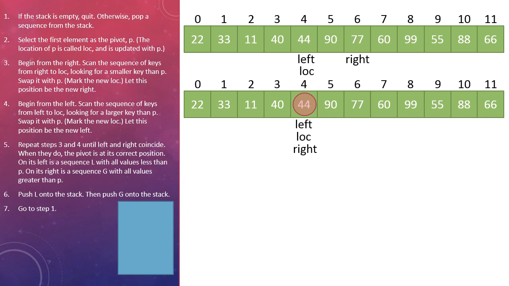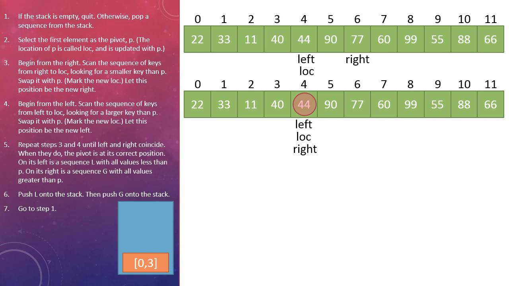What do we do with these sequences? We push them onto our stack. First we push the sequence of lesser elements. You see that the sequence of lesser elements, or L, extends from 0 to 3. So I push this sequence, or rather the upper and lower bounds of the sequence, onto the stack.